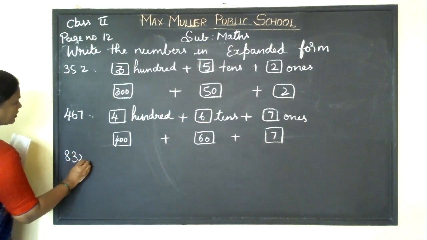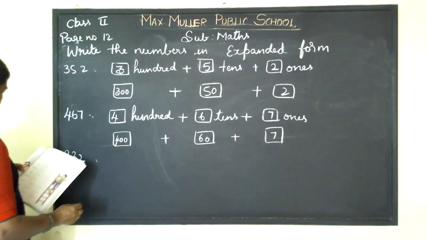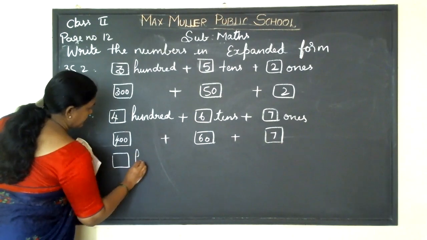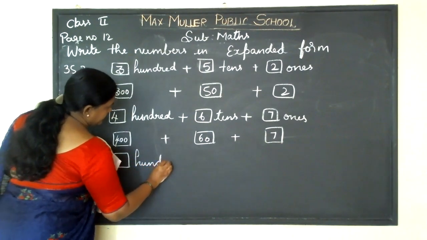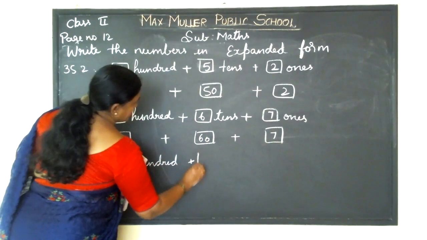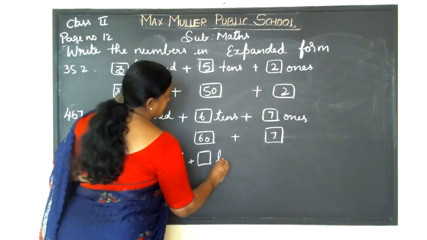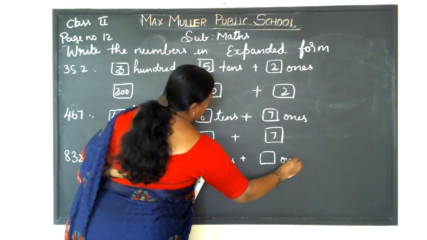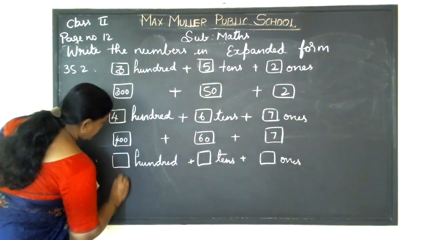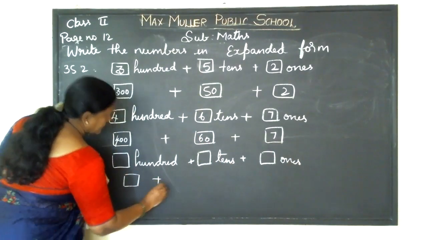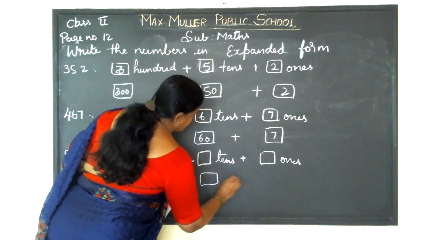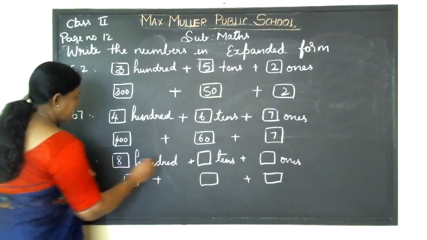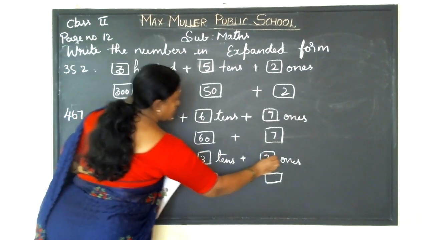832. 100 plus tens plus ones. So 800, 3 tens, 2 ones.